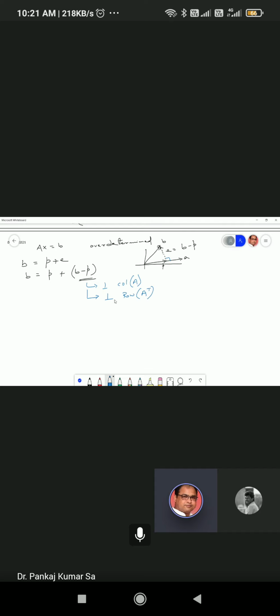And if this error vector B minus P is orthogonal to the row space of A transpose, that means this particular vector is in the null space of A transpose.